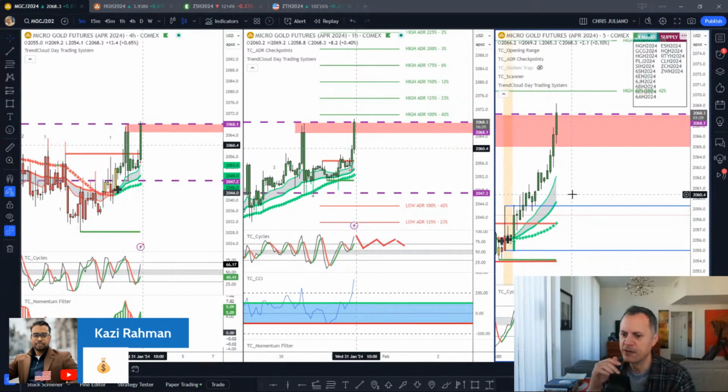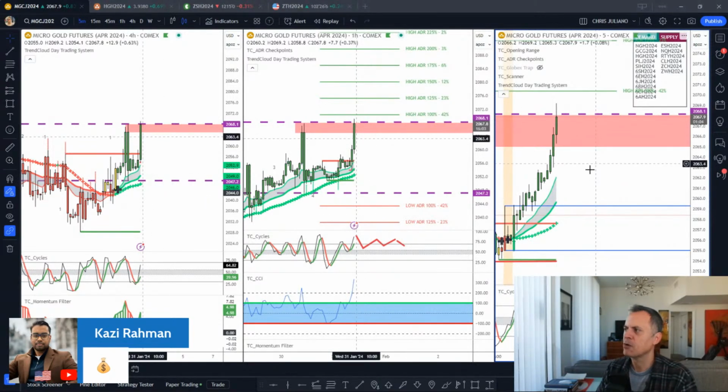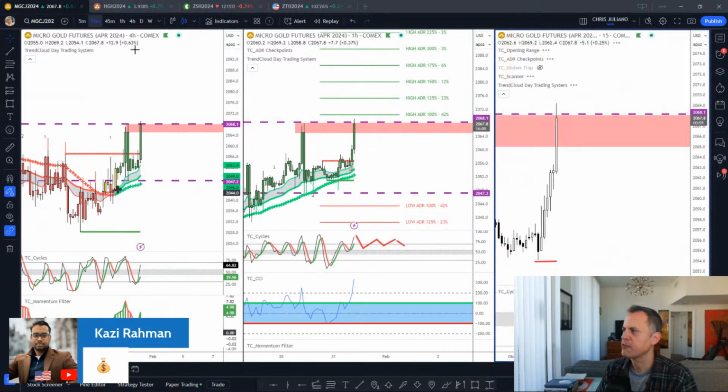Damn, I wish I was in on this. So we're going to see some kind of reaction. So you see this candle. This is a 5-minute candle that we're looking at, right? So we're really looking at something real sensitive.